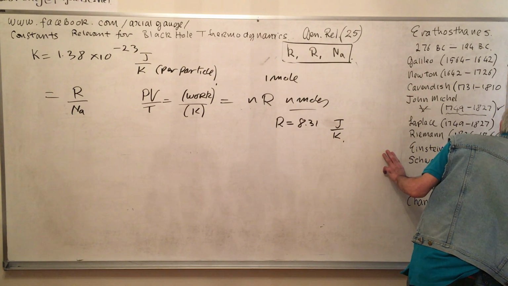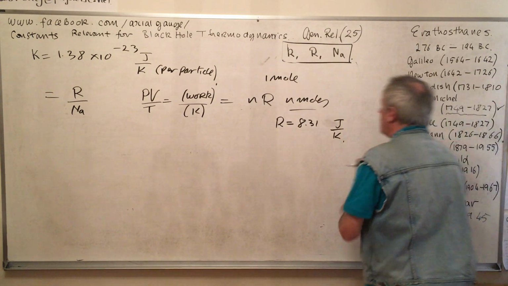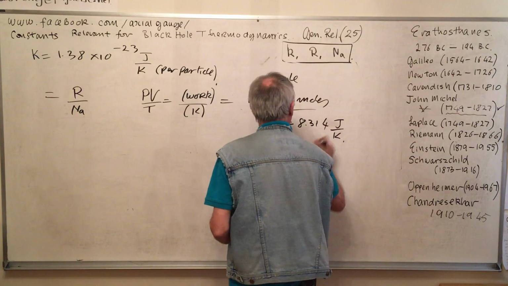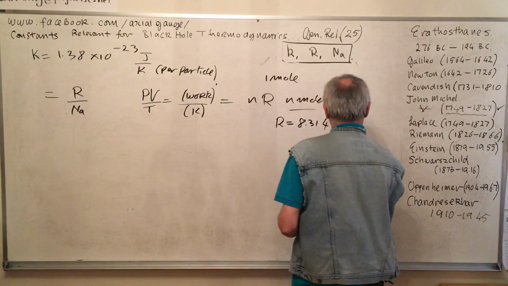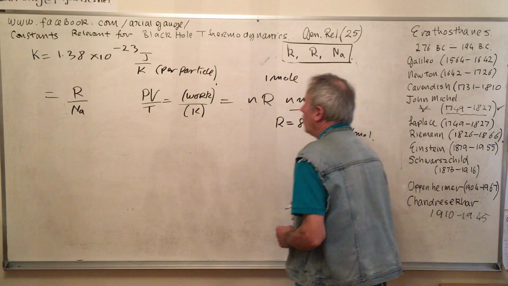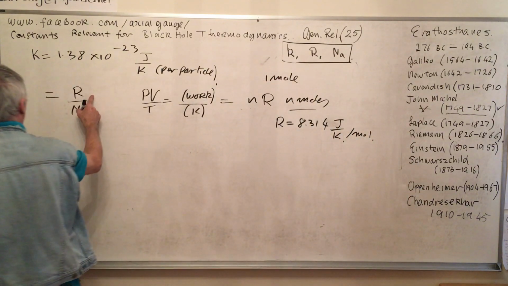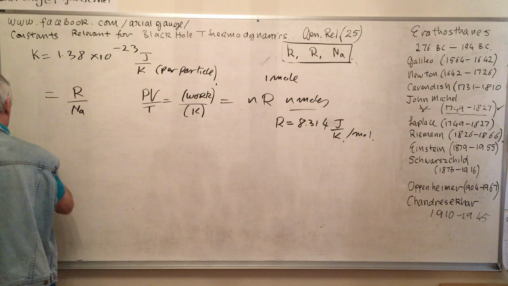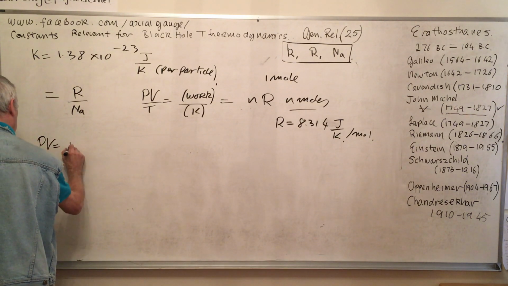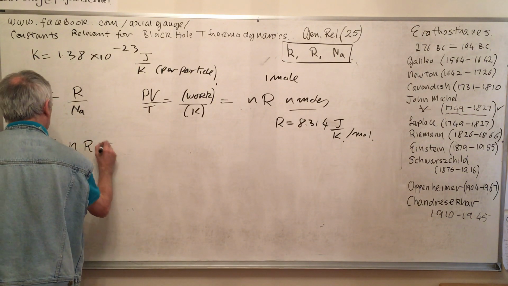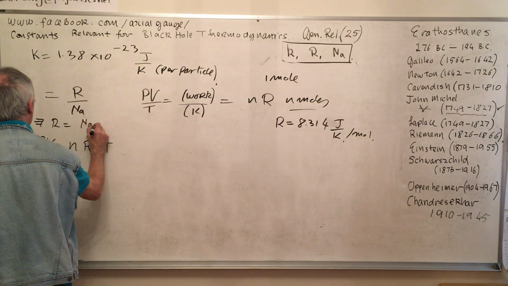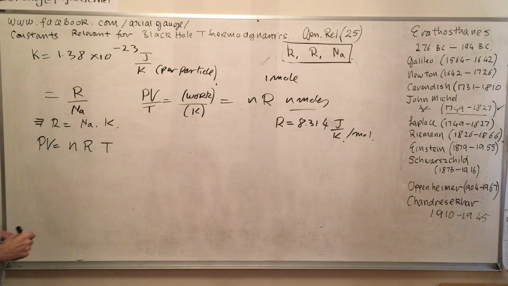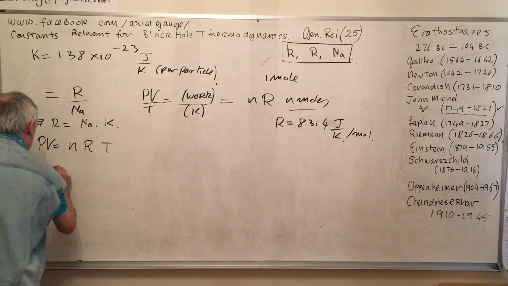Sure I got that right? 8.314. All right, per mole, of course. Okay, so R over NA is going to be the K. So I can write R equals NA times K.